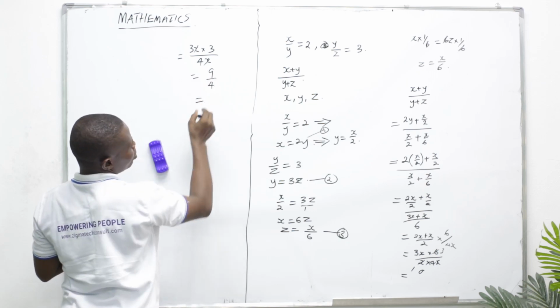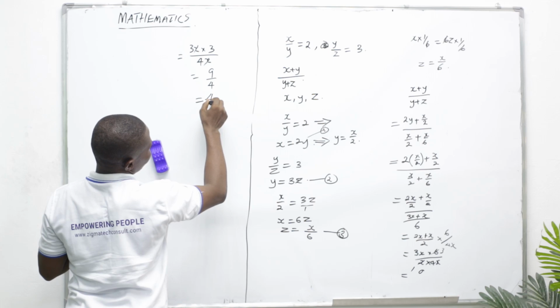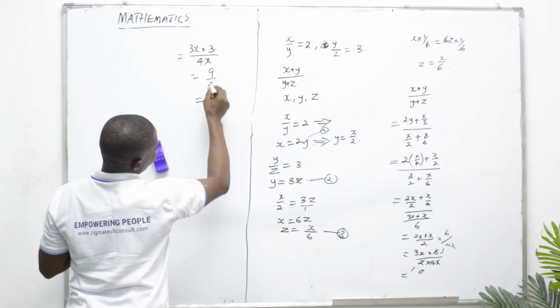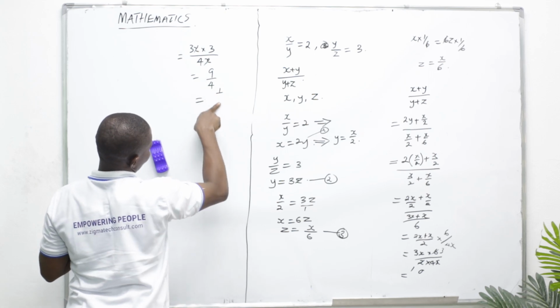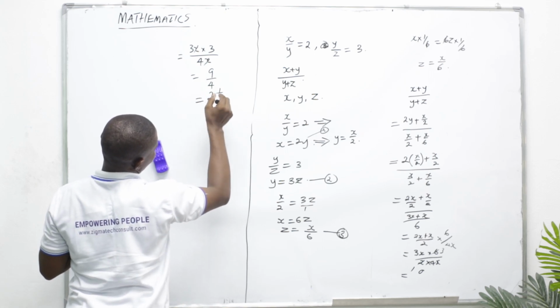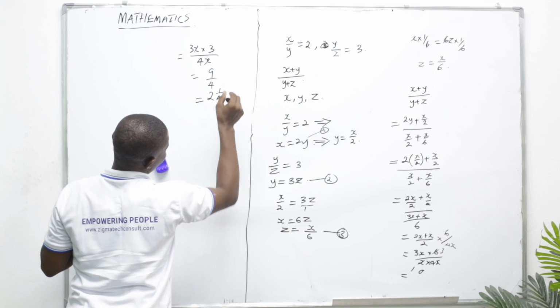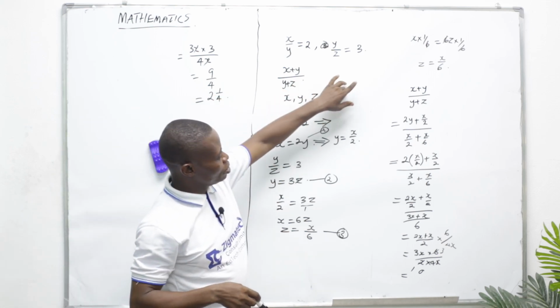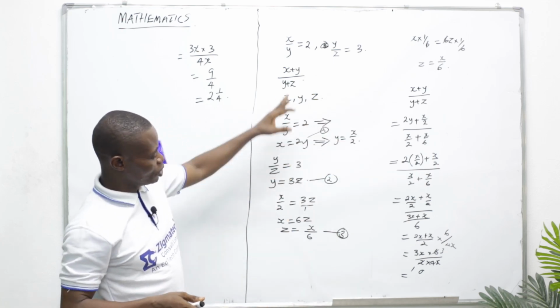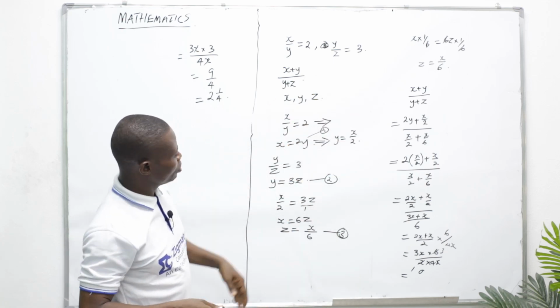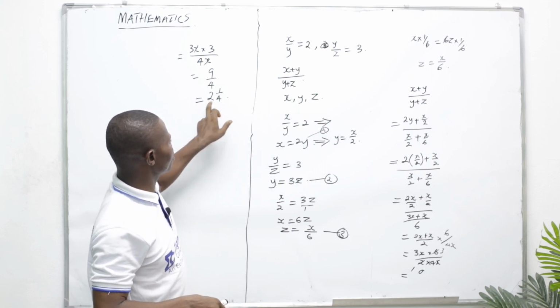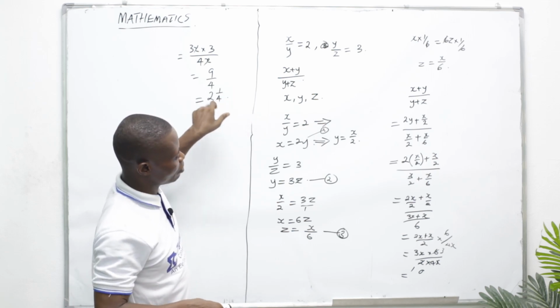So our solution is what? 4 number 1 all over 4 and 9 is 2, 2 number 1 over 4. But if you don't like this method, you can use the method of ratio to solve and get your solution. 4 times 2, 8 plus 1, 9, 9 over 4.